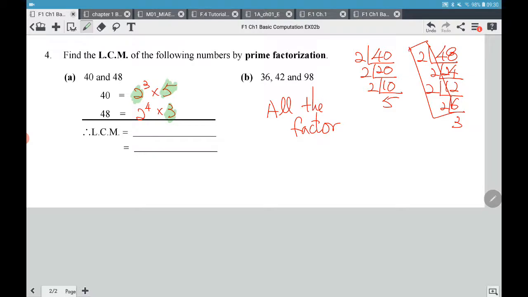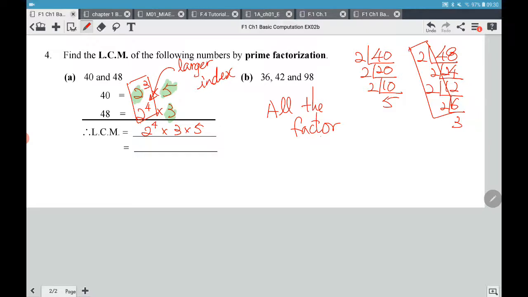We will copy down all of the numbers to be the L.C.M. And at the same time, when we copy down 2, we have to choose the opposite of the H.C.F. We have to choose the larger index. Therefore, we choose 2 to the power 4 and then times 3 and times 5.